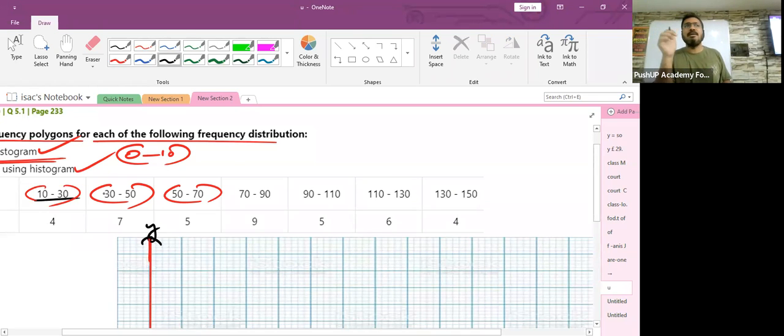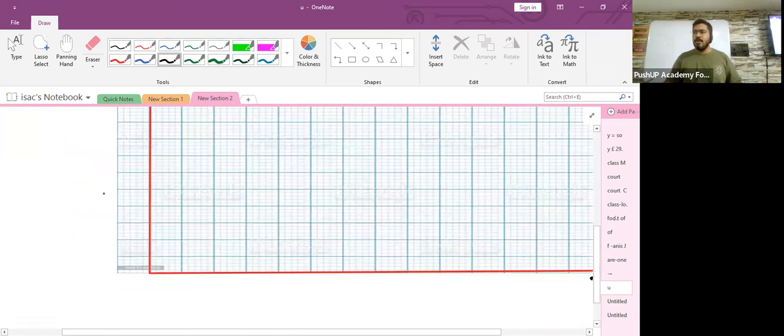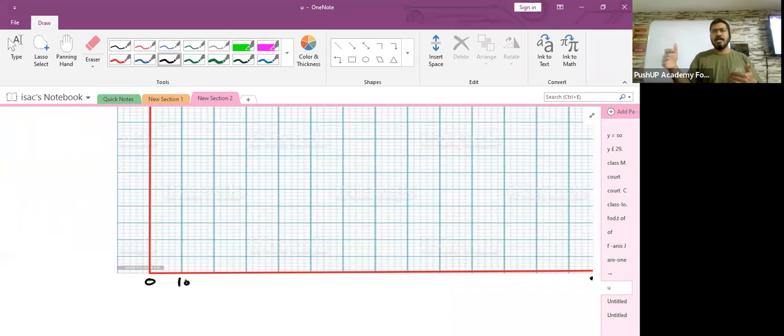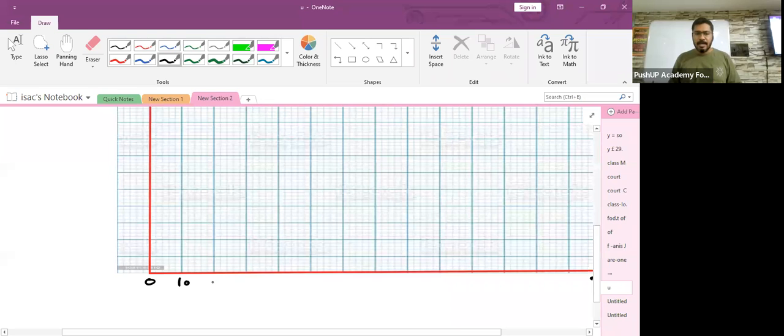They haven't given us any clue about 0 to 10. So, children, even though they don't give us any clue about it, we have to show it on the x-axis. So always start with a 0 and then go till 10, in this case. And then after that, you can continue with the class intervals.